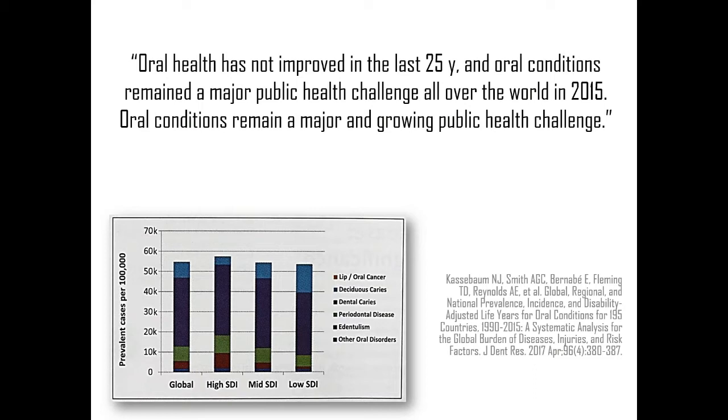If you look at this graph, those are all oral conditions, ranked globally and also by high, mid, and low socioeconomic demographics. The top two bars, the light blue and the navy blue below it, are deciduous caries and dental caries in permanent teeth. They make up 70 to 80% of the oral health conditions and diseases.